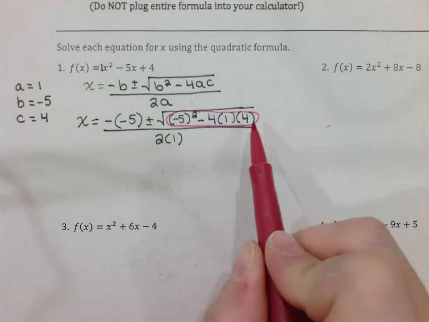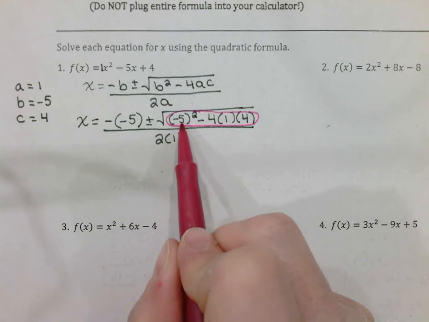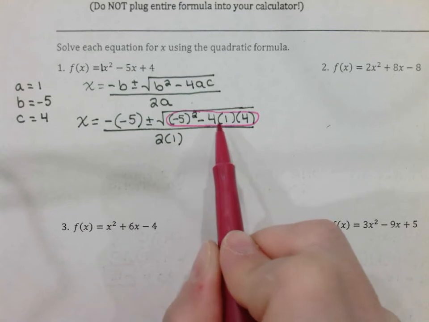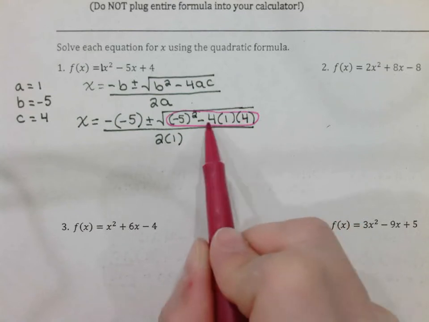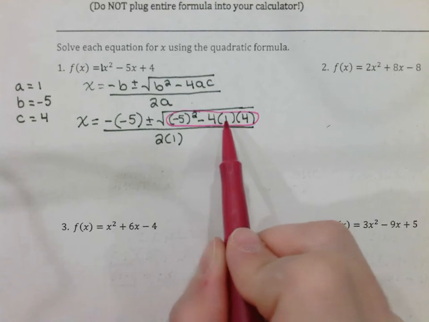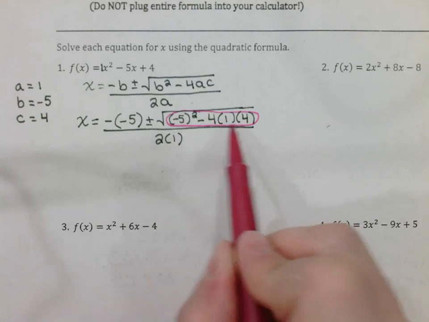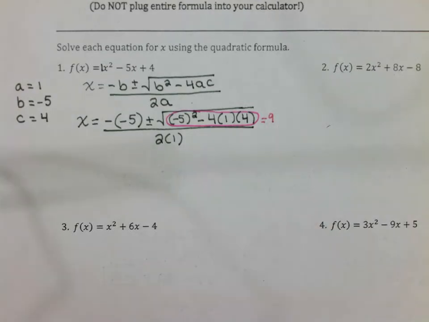So I would just plug this right into my calculator, but also we can do this by hand. We know -5 squared is positive 25, and we're subtracting off 4 times 1 times 4. Well, 4 times 1 is 4. 4 times 4 is 16. So we have 25 minus 16 is equal to 9.